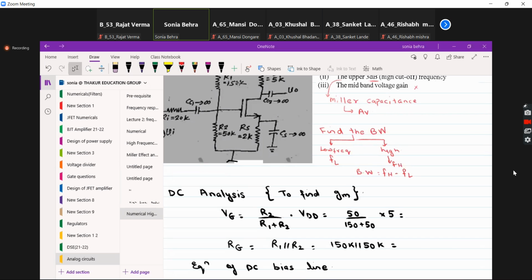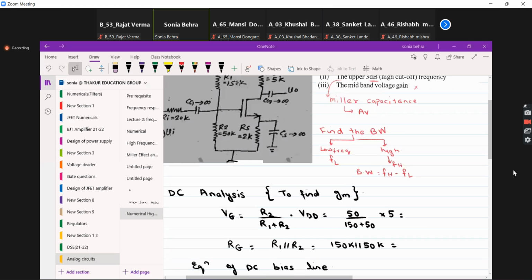Yes, Tushar. Tushar, please check the value. 50. Okay, it is 1.25. VG is 1.25. And how much is your RTH? 37.5. Yes.